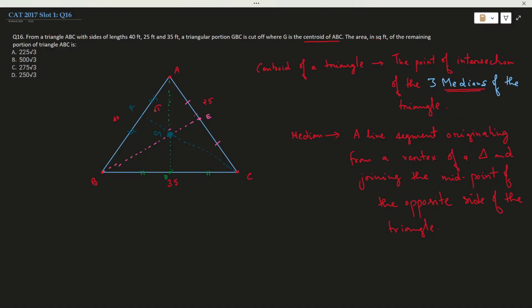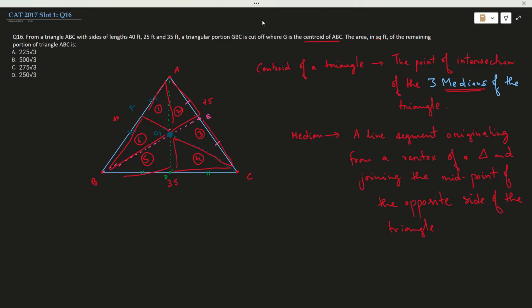So this is 1, this is 2, this is 3, this is 4, this is 5, this is 6. These 6 are the small triangles, right? If I look at this triangle, this is one triangle. Similarly this is a triangle, so the areas of all these 6 triangles will be equal.